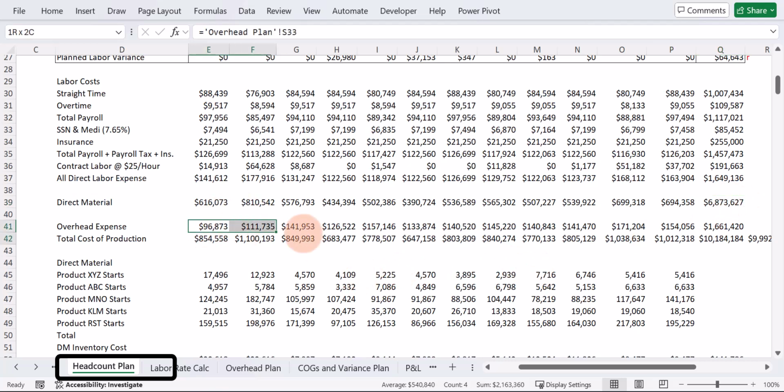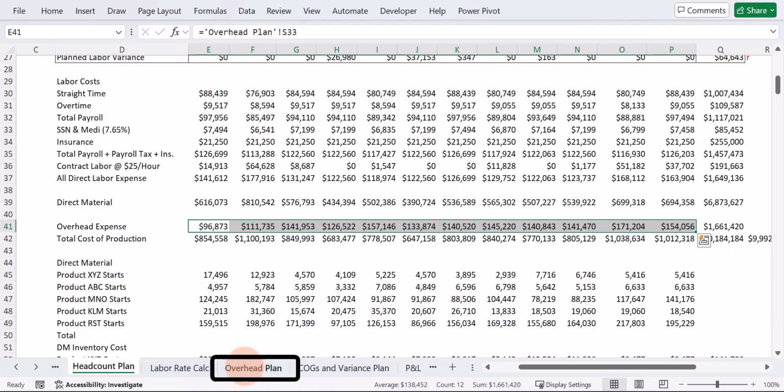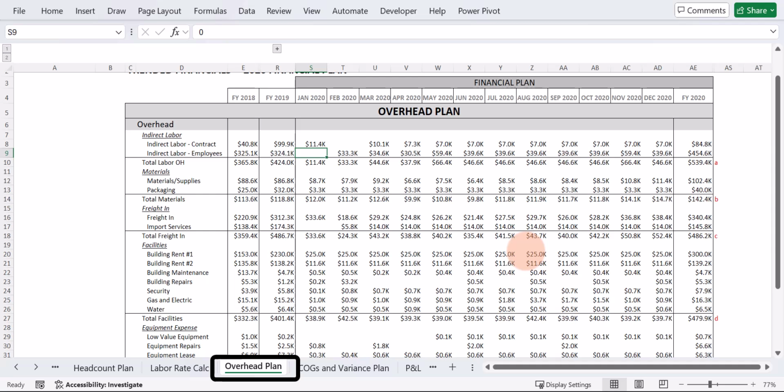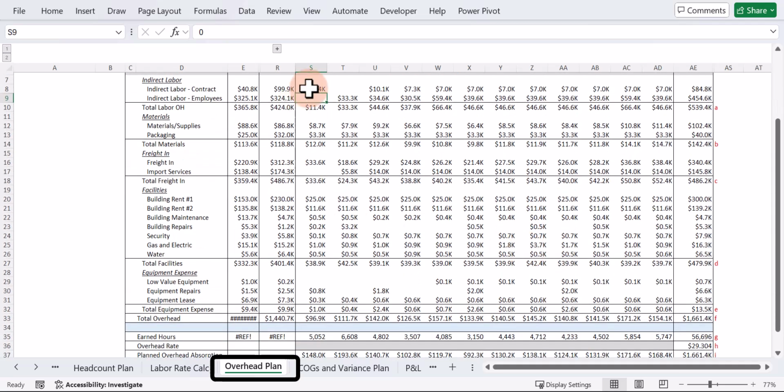Then overhead expense, we're layering in an overhead expense. We have an overhead plan worksheet here, and this is just a pretty simple example, but this would just be a one department overhead plan. So you can see some of the categories that we'd expect to see in here, like materials and supplies that are overhead-ish, and they're not direct material supplies, packaging, facilities, equipment expense, et cetera, et cetera.